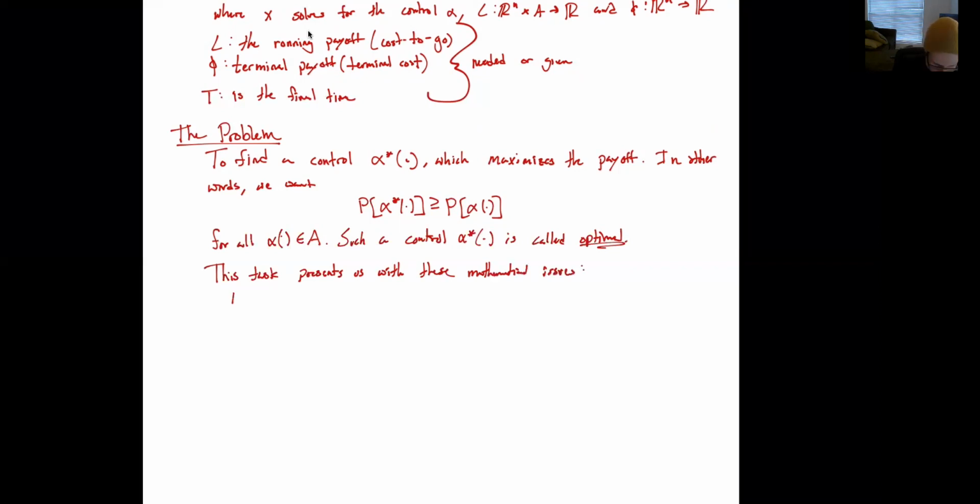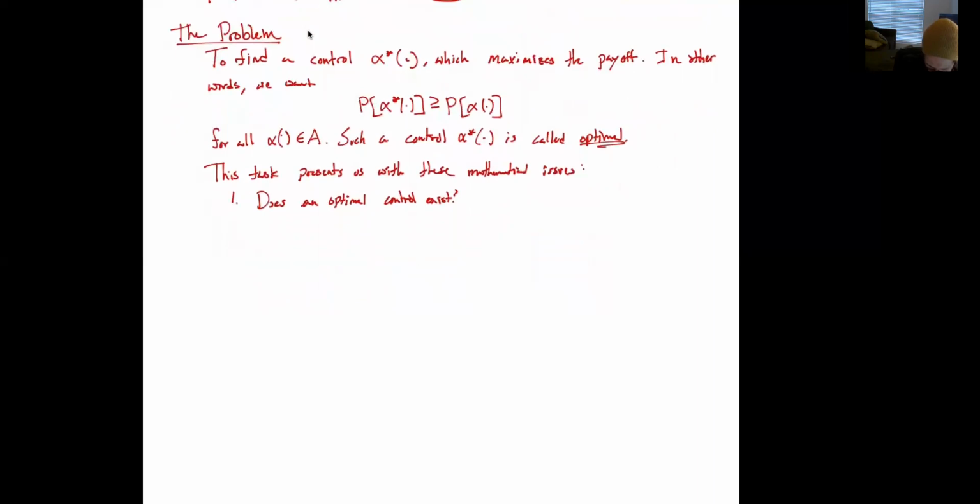All right, so the first one, existence or feasibility. Does an optimal control even exist? Two, how can we characterize an optimal control mathematically?